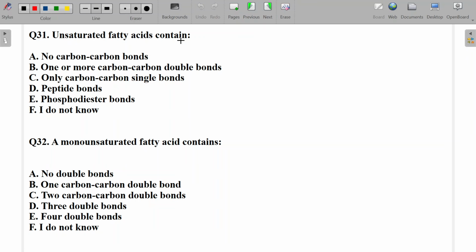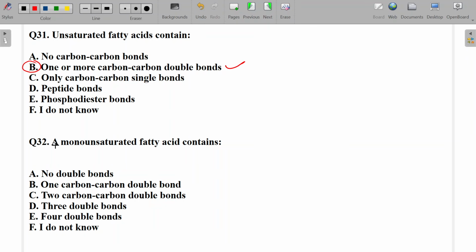Unsaturated fatty acids contain A, no carbon to carbon bonds. B, one or more carbon to carbon double bonds. C, only carbon to carbon single bonds. D, peptide bonds. E, phosphodiester bonds. F, I do not know. B. Yes. So it has one or more carbon to carbon double bonds, which follows the next question.